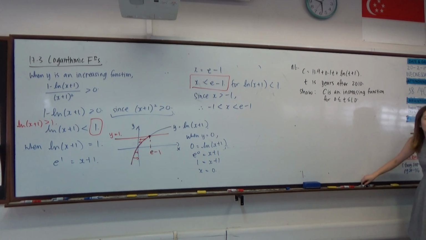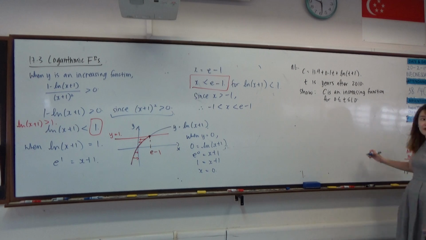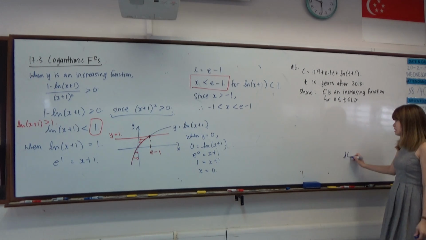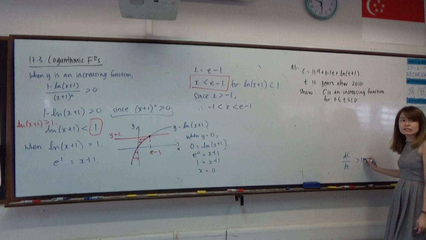What is the given condition? What do you want your end product to be? Tell me what the end product is in order to answer this question. At the very end, you must prove that dc over dt is greater than 0.